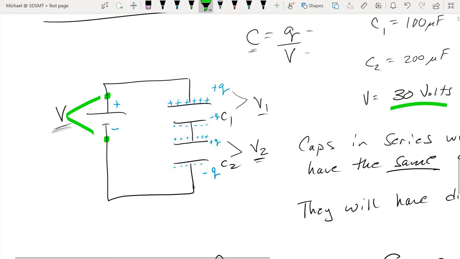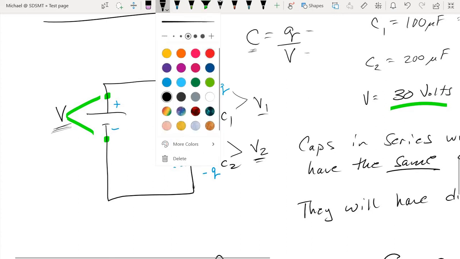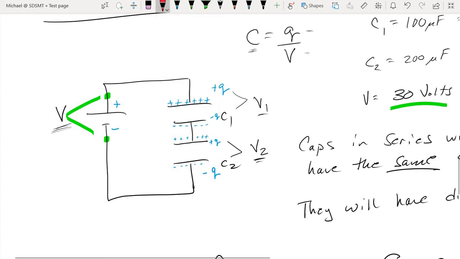Now, to get that potential difference of 30 volts, we would have to travel from one point to the other. Remember, with potential difference, we had to actually travel through the system to account for that potential difference. So I have to travel from one side of the battery to the other to account for that 30-volt potential difference.